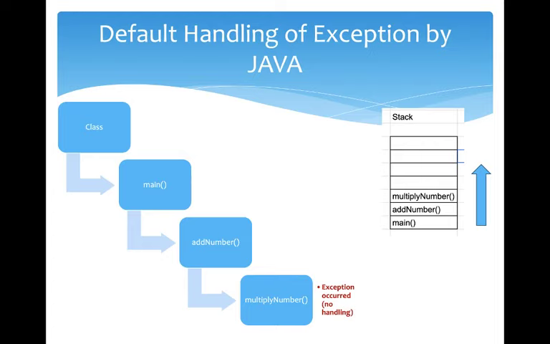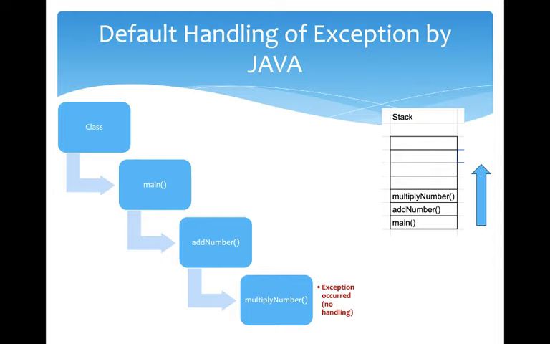Consider three methods including main. I have a class with a main method. In main, I'm calling an add number method. Inside add number, I'm calling another method, multiply number. In the multiply number method, suddenly an exception occurs which I didn't handle.